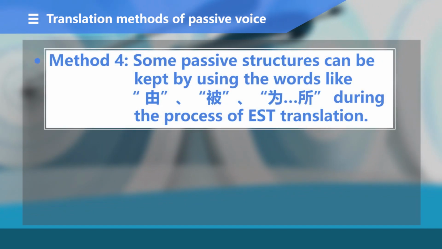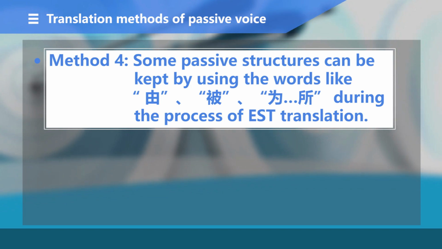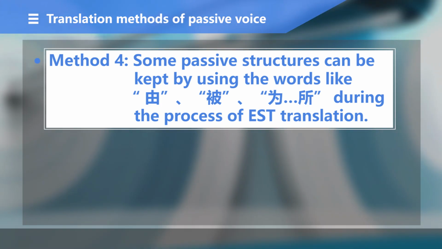Method 4. Some passive structures can be kept by using words like 有, 被, 为……所 during the process of EST translation. Example 8 gives a good example to suggest it.